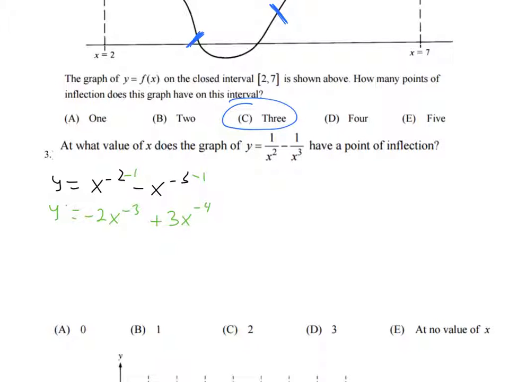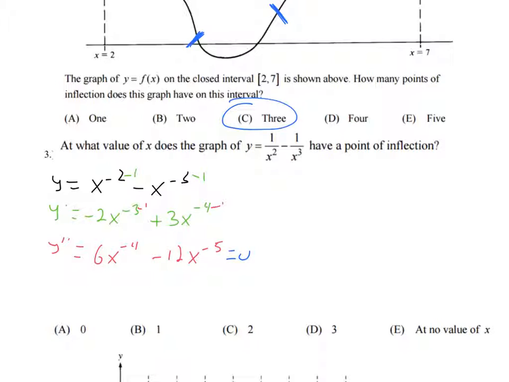Looking for points of inflection, we want the second derivative to be equal to 0. Positive 6x to the negative 4 minus 12x to the negative 5. When is this going to equal 0?